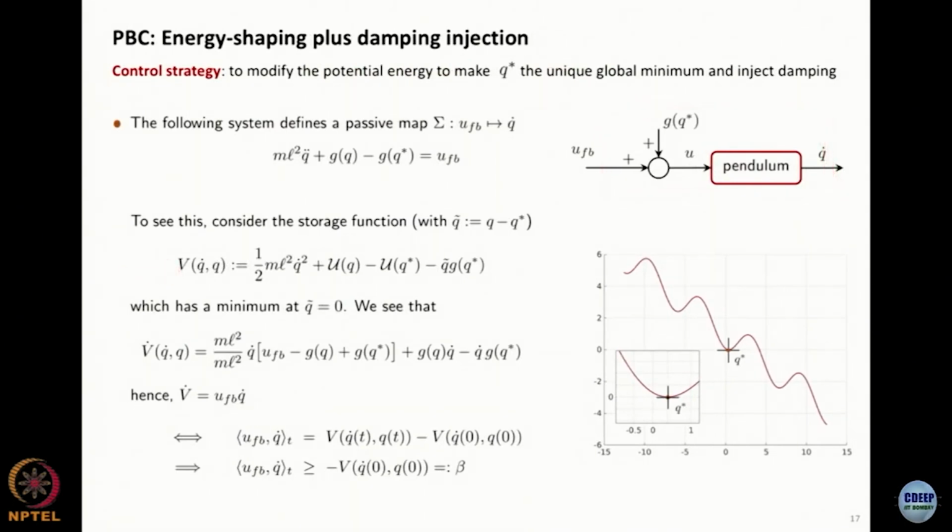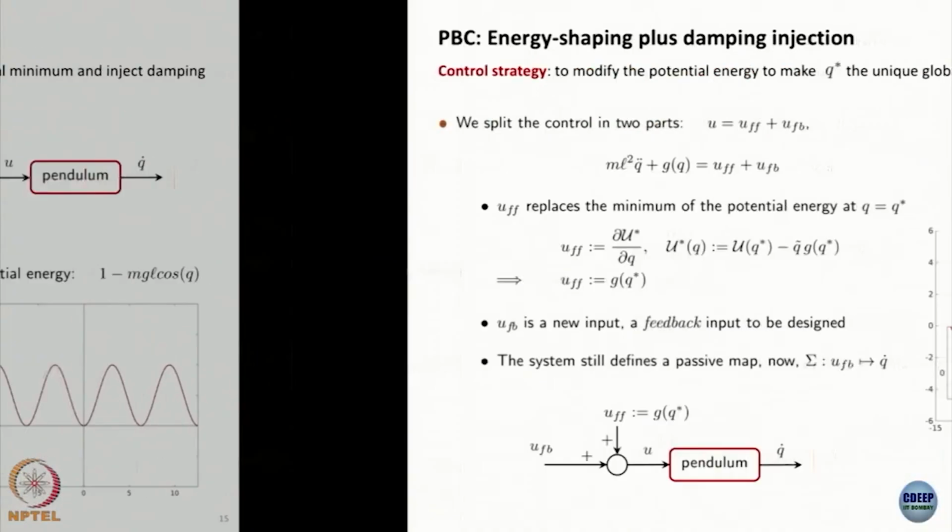Yeah, so this system is passive, and you can see it easily by taking the derivative of the new Lyapunov function, the new storage function: the kinetic energy plus the potential energy of the pendulum, plus the modifications I added. Of course, this function is 0 at q equal to q star, right? So these two terms will cancel out if q is equal to q star. q tilde I'm defining as the difference, which was somewhere in the other slides.